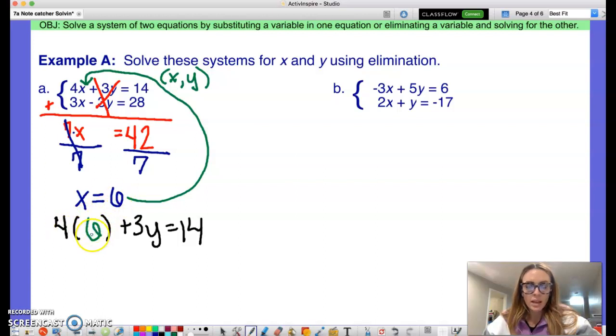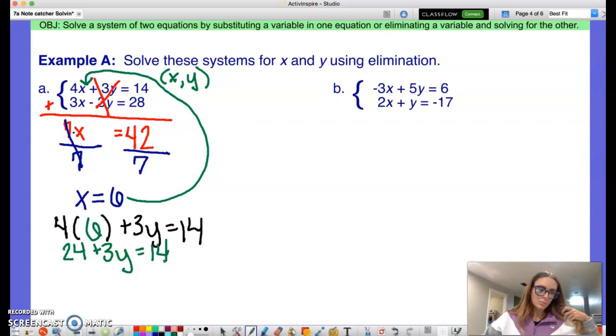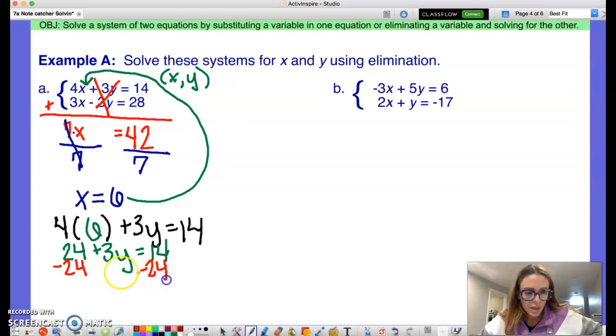Okay, so 4x, which x is now 6. 4 times 6 is 24, plus 3y equals 14. Now, I want this y to get by itself, so we have to subtract 24 from both sides.